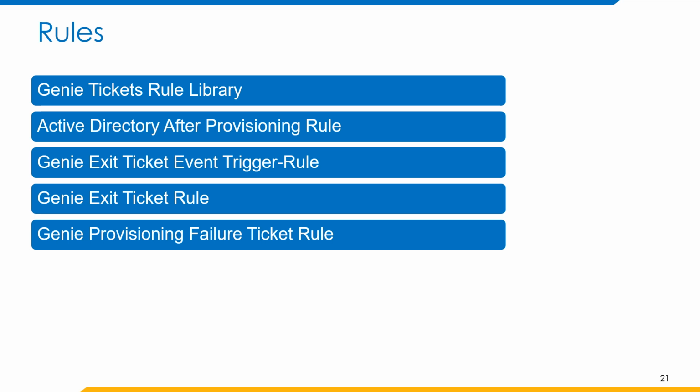The next one is Active Directory after provisioning rule. This rule runs after the provisioning for Active Directory application is completed. So we use this rule in creating onboarding tickets, which should be created after the account is created in Active Directory as discussed earlier.